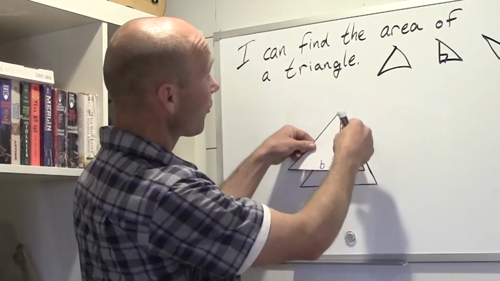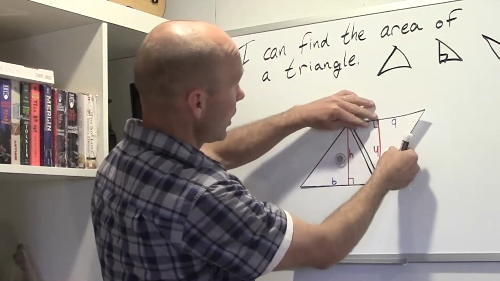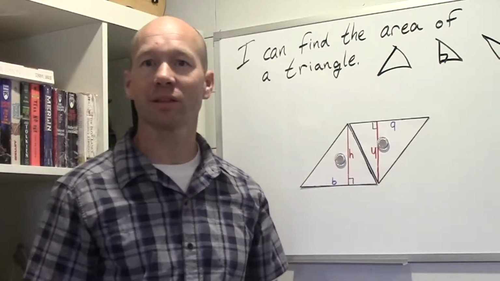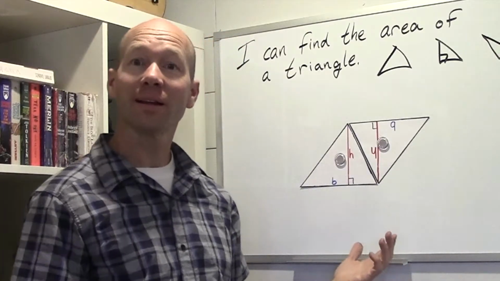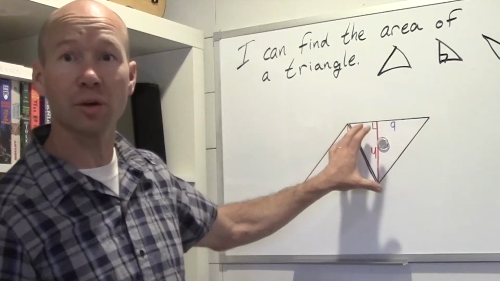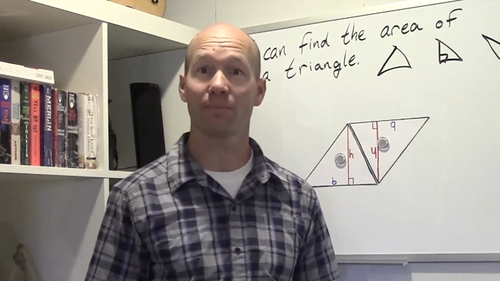And now let's just flip that over and put it right here. What do you notice? That's right. If we double up the triangle, we get a parallelogram.